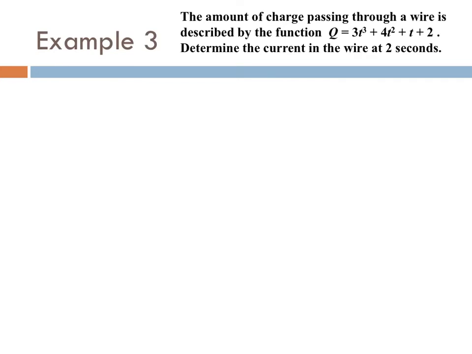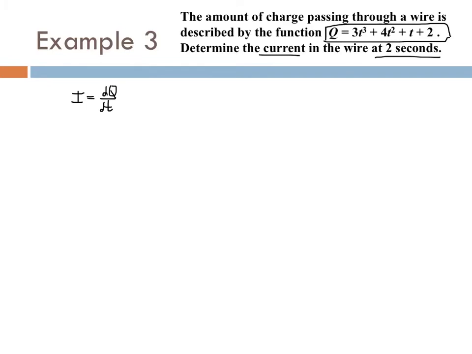In this problem, we have the amount of charge passing through a wire described by the function Q is equal to 3t cubed plus 4t squared plus t plus 2. And we're asked to determine the current. Well, we said that the current is equal to dQ over dt. So we need to take the derivative of it and then evaluate this equation at 2 seconds.